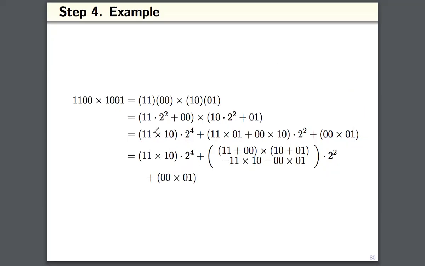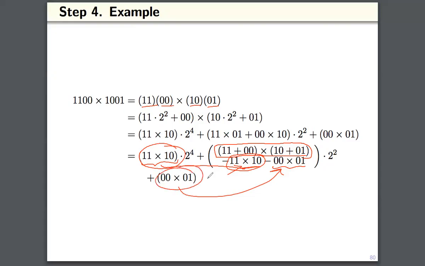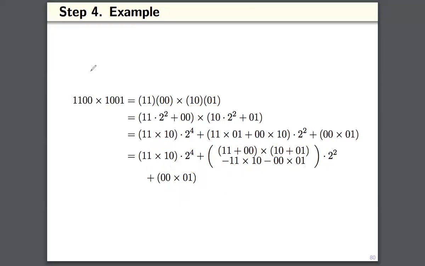AL plus AR, that is 11 plus 00, times 10 plus 01. That's what is written. Minus this product, minus this product. We are not recursing on this. Once we find this value, we will reuse it here. Once we find this value, we will reuse it here. Make sense? Okay.